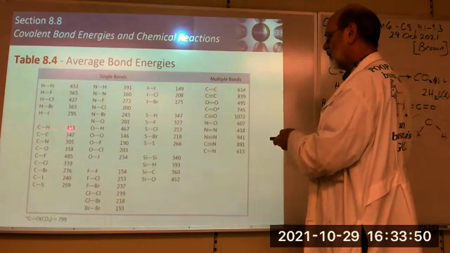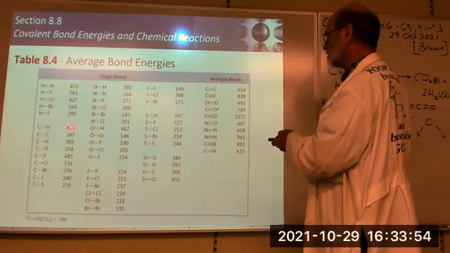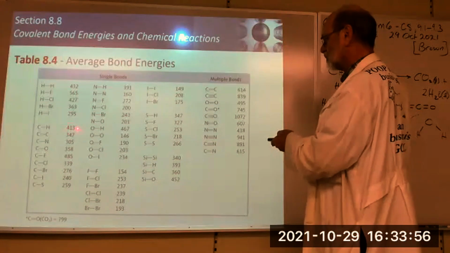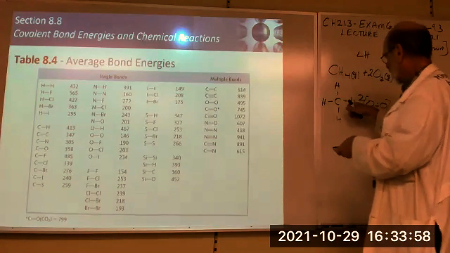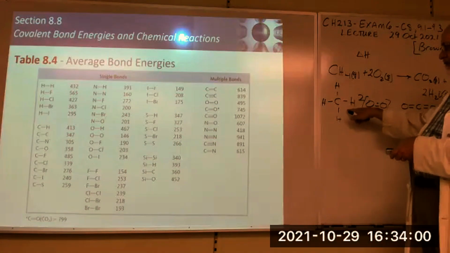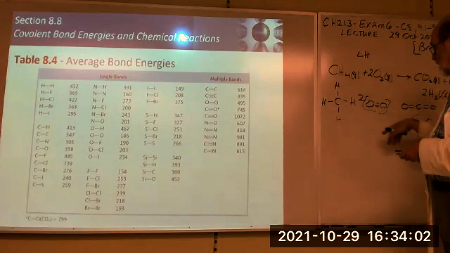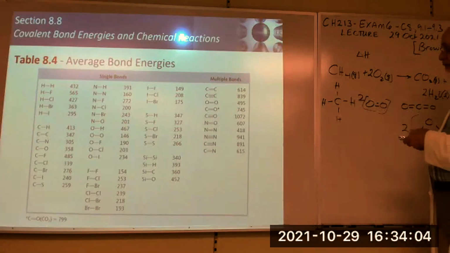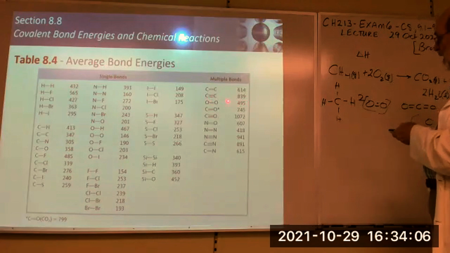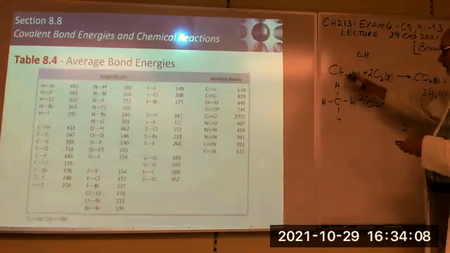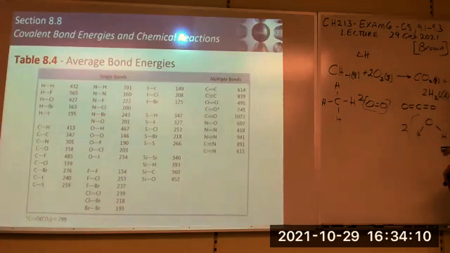Carbon, hydrogen, 413. Is that joules or kilojoules? Probably kilojoules per mole. So we got 4 of them. Right, add up those 4. And then we got 2 of these oxygen-oxygen bonds here, 495. 2 times that, add those together. And then we subtract the energy of these bonds. So we've got 2 carbon-oxygen bonds, right?